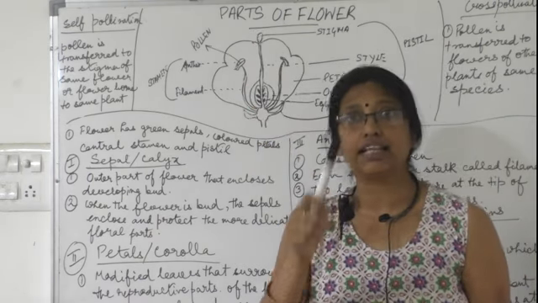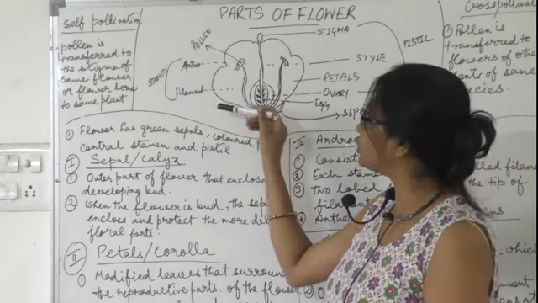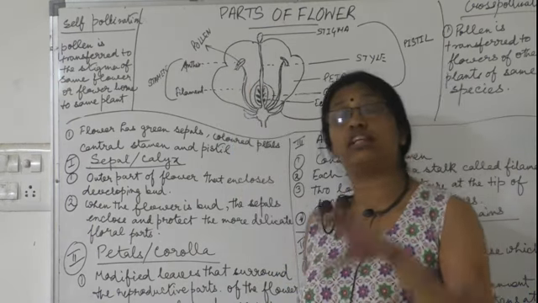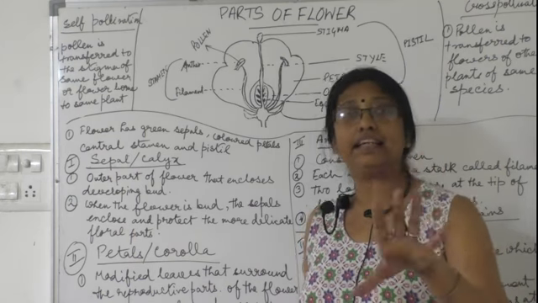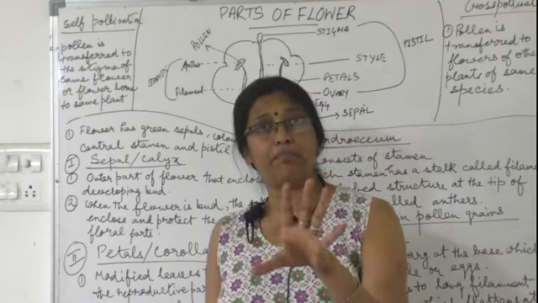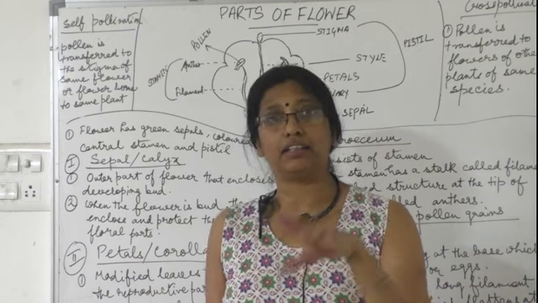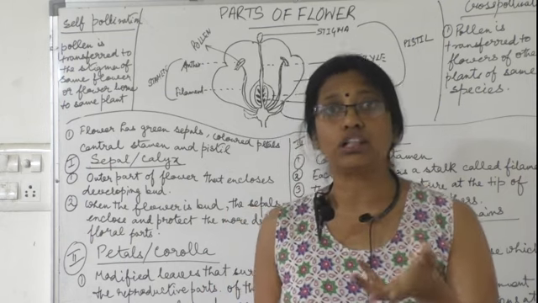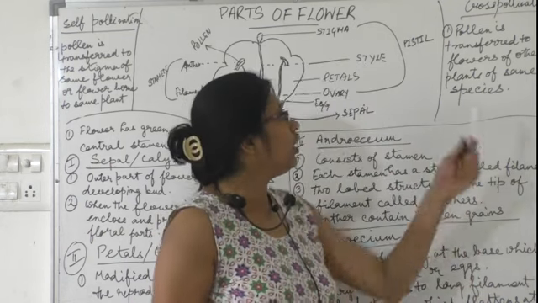that is called self-pollination. And also, if the pollen is transferred to another flower of the same plant, that is also self-pollination. Another flower of the same plant or the same flower, both are known as self-pollination. But cross is something different.